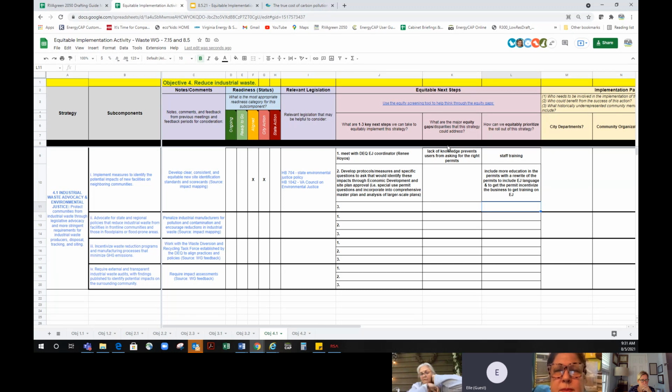The fact that hearings for these sites are often not in the communities they're permitted in. If you have a permitting for something in Danville, the hearing for it is in Richmond, so people have to take off work in order to speak to something. That is where my mind goes, but maybe I'm misunderstanding what the purpose of this subcomponent is.